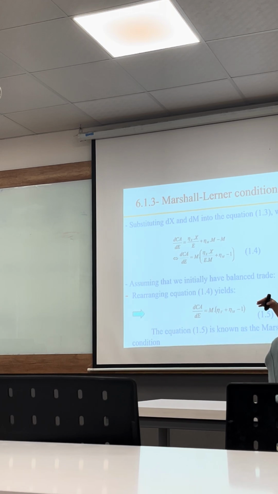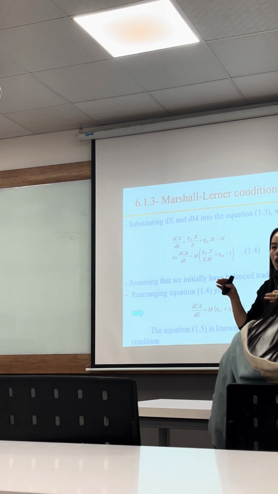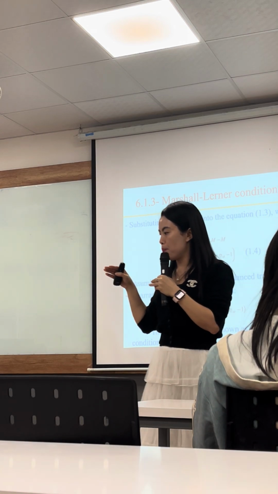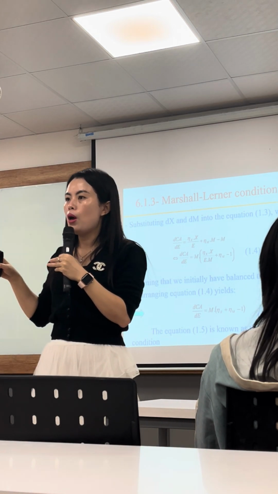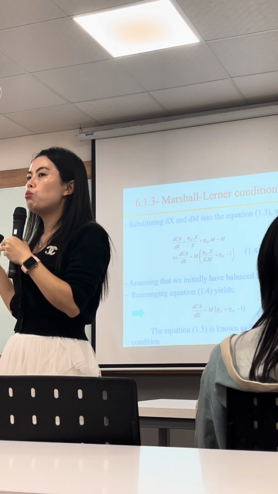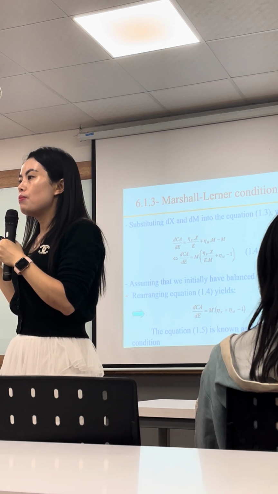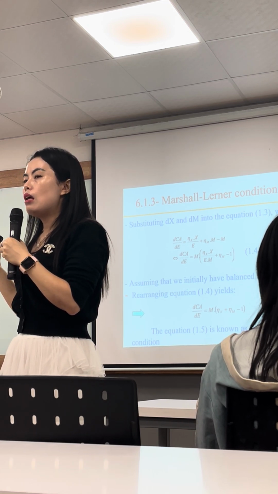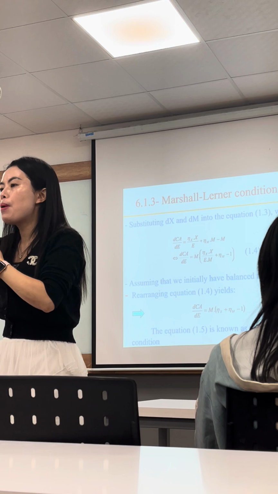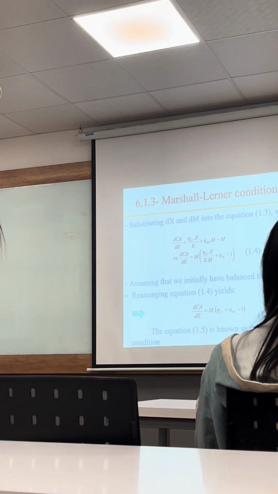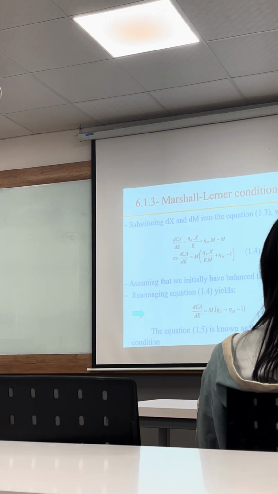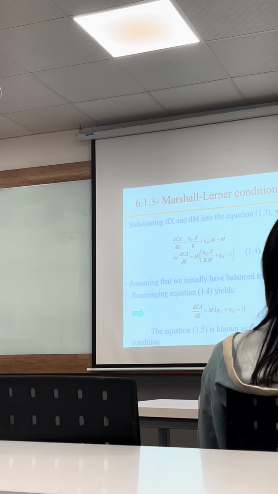And if a country needs to improve their trade balance, it means that equation 1.5 will be... Now we start with the balanced trade balance. X equals M. Now we assume that a country devalues its domestic currency.